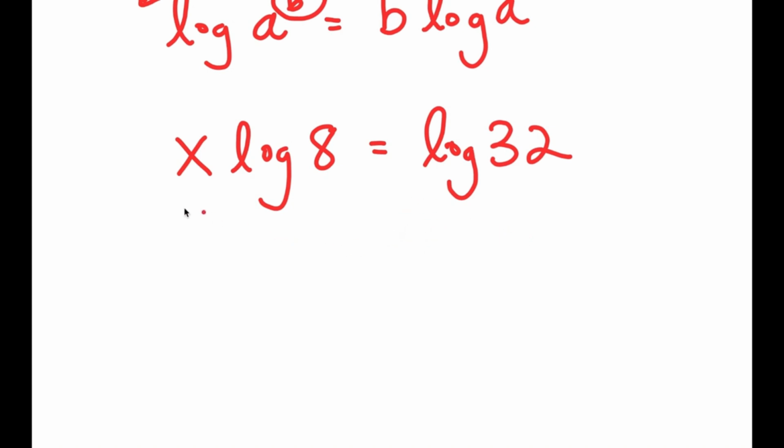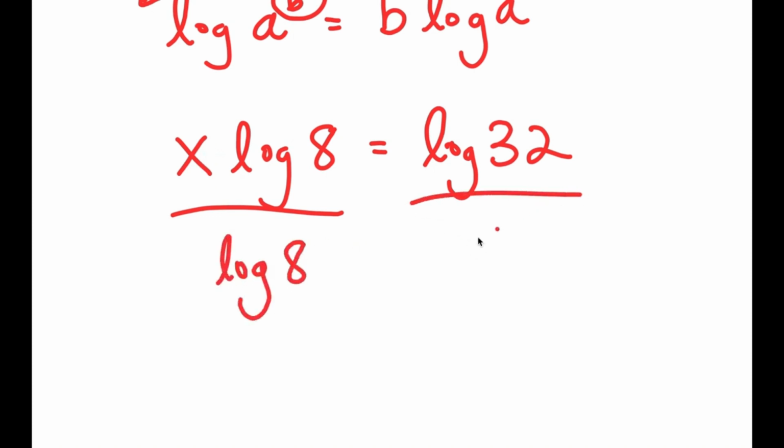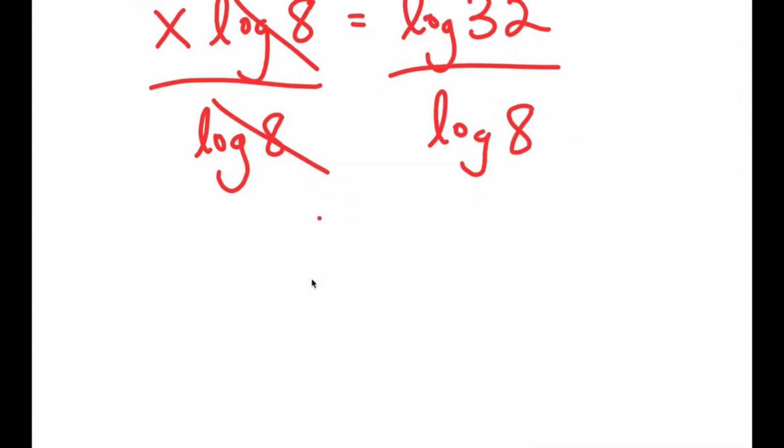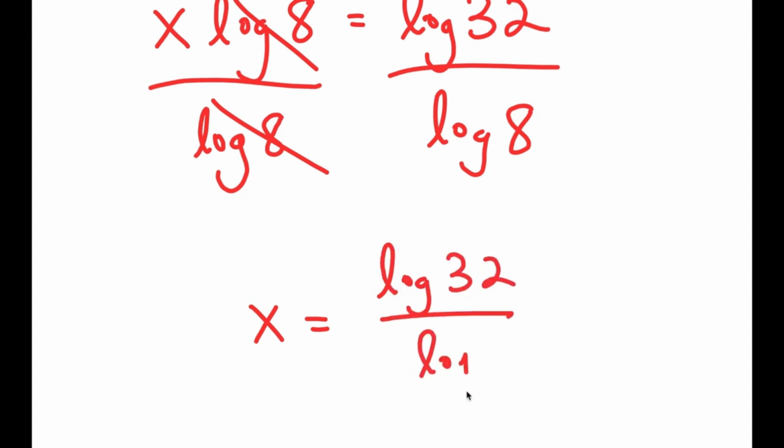Now, from here, I'm going to divide both sides by log 8 because we want to isolate x, since that's what we're trying to find the value of. So now these two cancel out, and I get x is equal to log of 32 over log of 8.